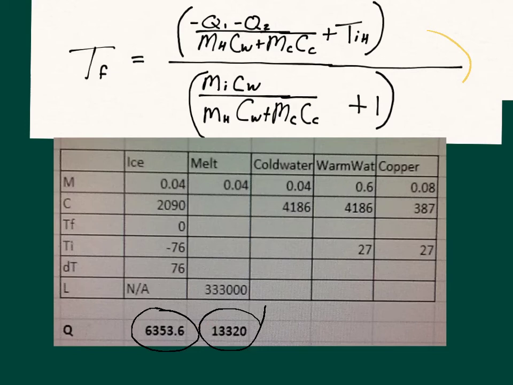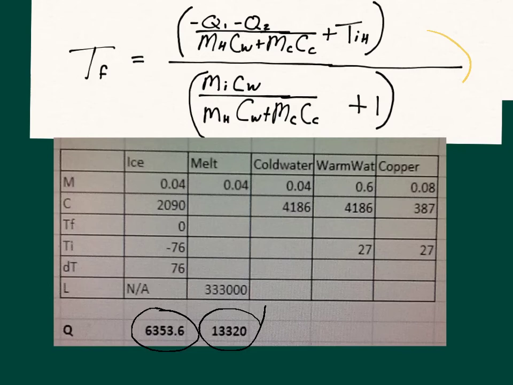So for example, the mass of the ice, 0.04, the specific heat of water, 4186, the mass of the hot water, 0.6, again 4186, mass of copper, 0.08, the specific heat of copper, 387, the initial temperature of the hot water was 27, and again, everything is repeated down here, and you just got to plug it in, but you have to be careful.